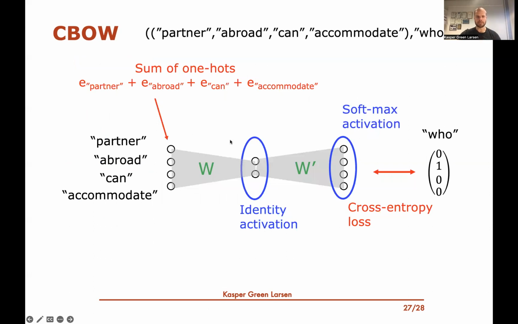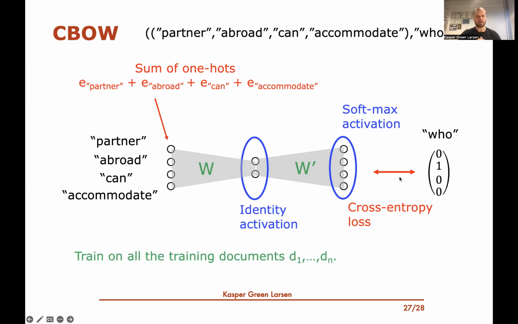So that is what we're going to do. We're just going to have a W here. And now the input is going to be the sum of the one-hot encodings of the 4 words in the context window. This is our final architecture of the neural net that we're going to train, with identity activation here. And we're going to use a softmax activation at the output and use cross-entropy loss against the label.